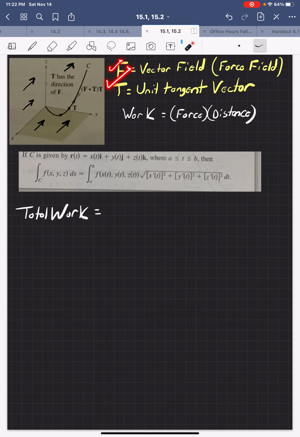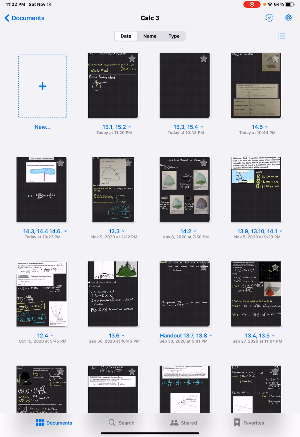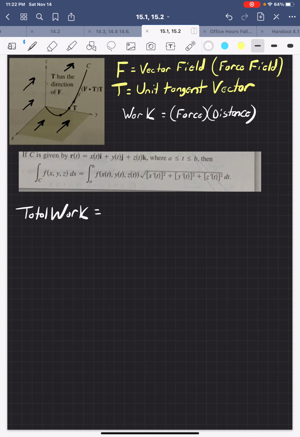And we know that the unit tangent vector always points in the direction of motion. So what we're doing here is considering the dot product of the force and the unit tangent vector, basically in the direction of motion.